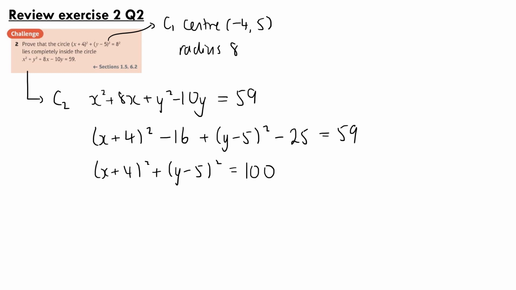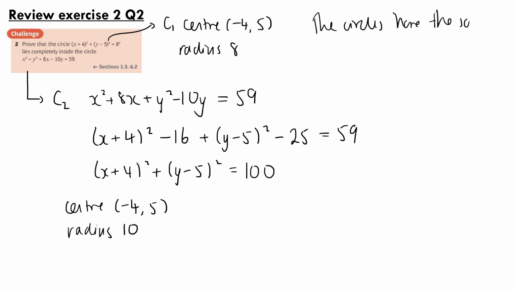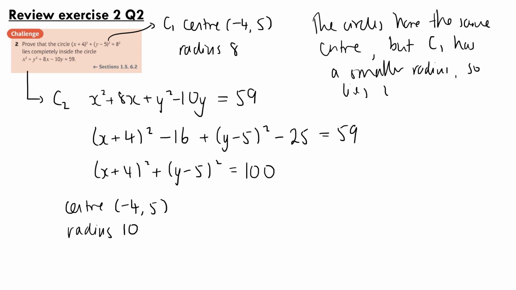So now we can say that C2 is a circle with center (minus 4, 5), and radius the square root of 100, which is 10. And so you can see that the circles have the same center at (minus 4, 5), but the first circle, C1, has a smaller radius, so lies completely inside the second circle.